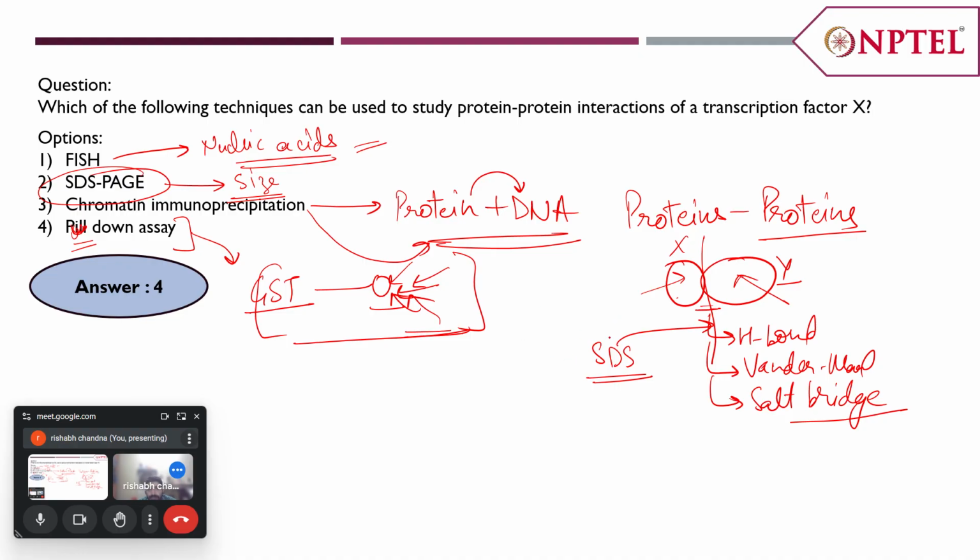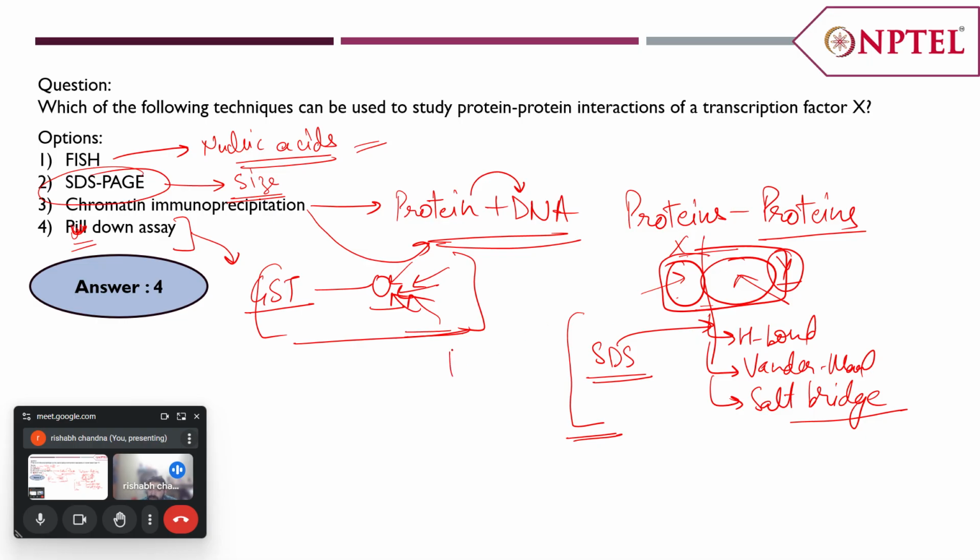So if we have to study protein-protein interaction, we will not be able to do it using SDS-PAGE, because the interaction that we are talking about must be intact. Only then will we be able to say that protein X is interacting with Y. So using SDS-PAGE, we will not be able to detect the interaction.